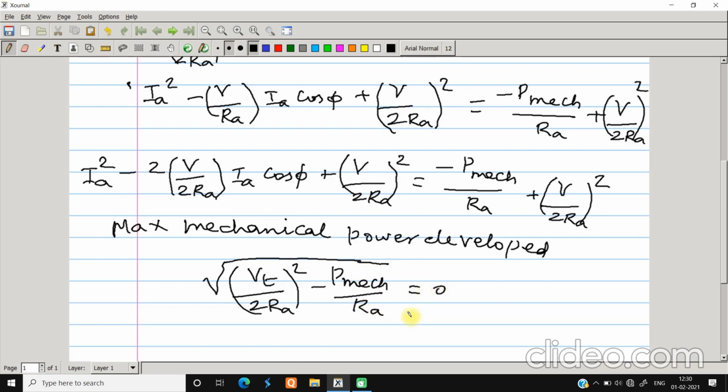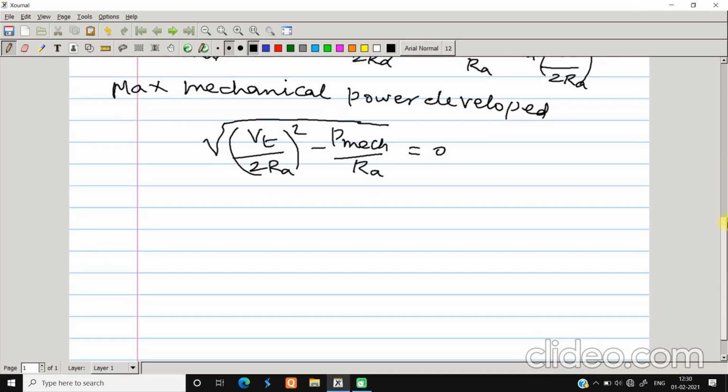So when this term is equivalent to 0, our P mechanical, that is the maximum mechanical power developed, will be Vt square divided by 4Ra.